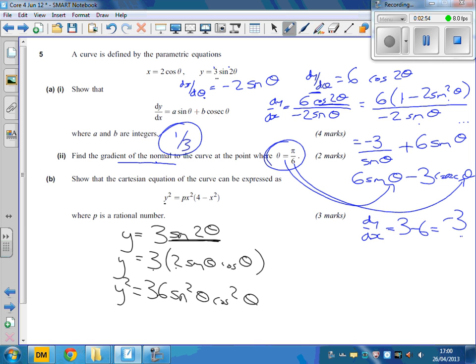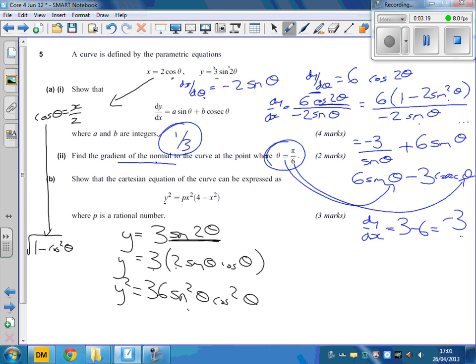That's a nice start. We actually know what cos theta is. It's from here. Cos theta is going to equal x over 2. But we're going to need to know what sine theta is as well. And whenever we've got a cos theta, we can get to a sine theta by using the good old 1 minus cos squared theta, square rooted.